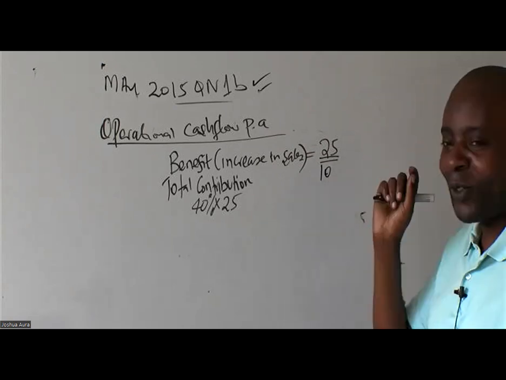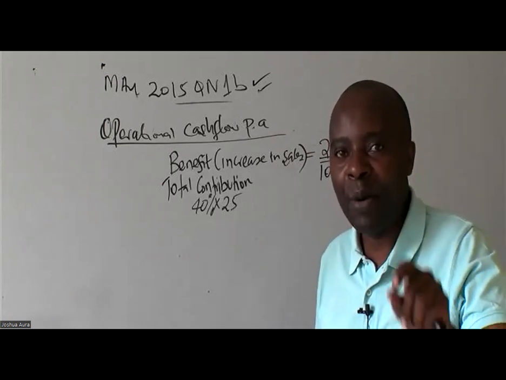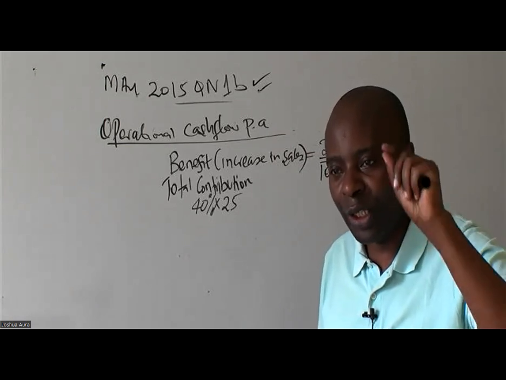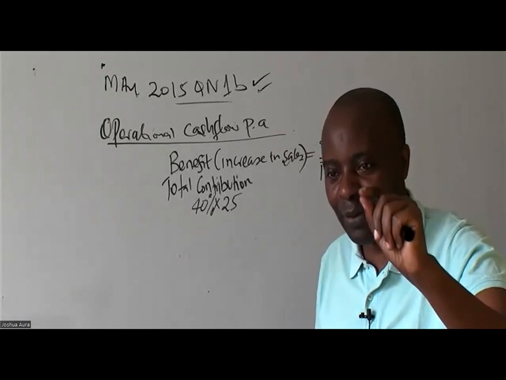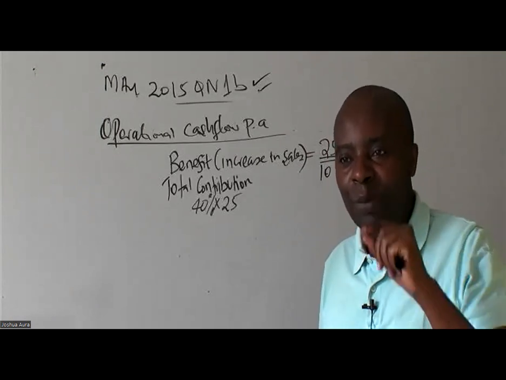Now, once I get total contribution, remember cash flow normally comes from profitability. Once I have the cash flow, the next thing we should do is to think about profit. How do we get profits from contribution? What do we need to subtract?